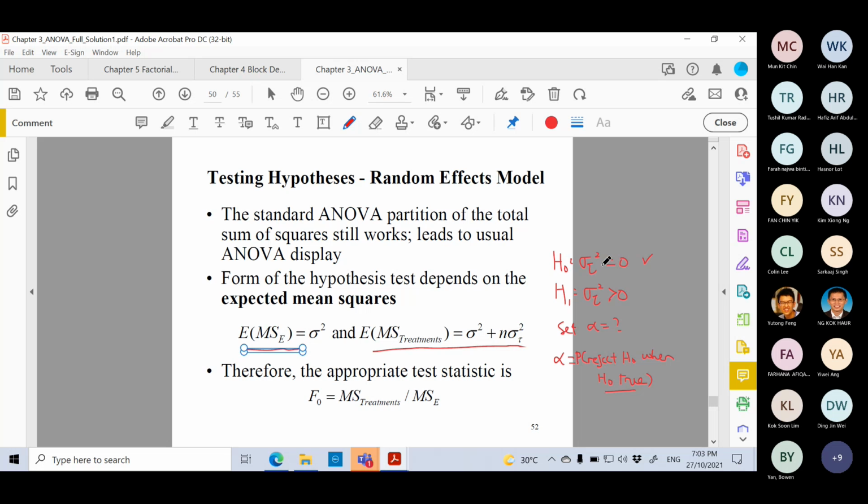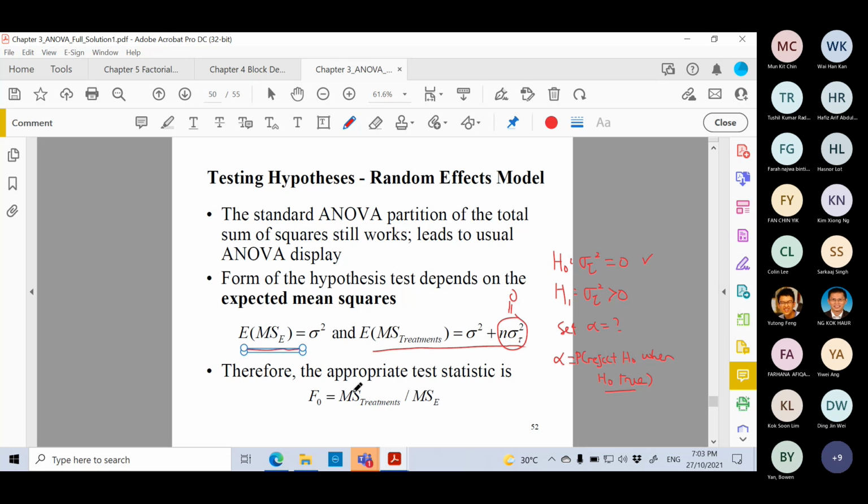Under the H naught is true, this part will equal 0, so the expected value of MS treatment will equal the expected value of MSE. Therefore, our test statistic will equal MS treatment over MSE. This is how you get your test statistic.